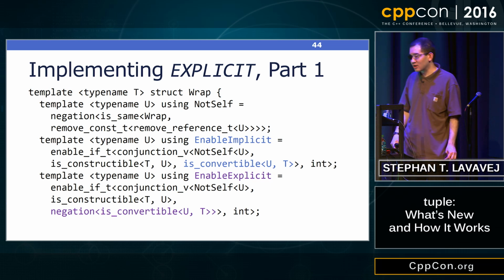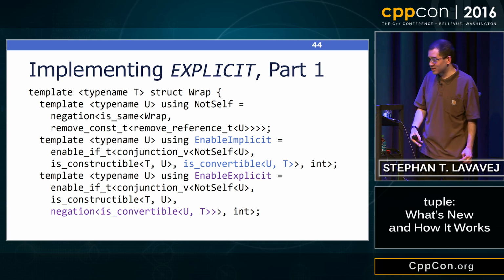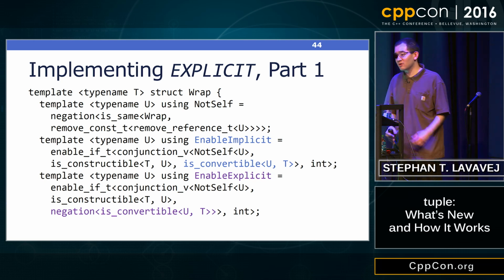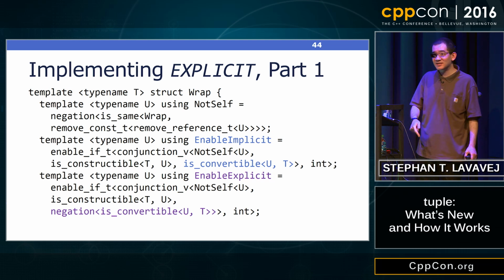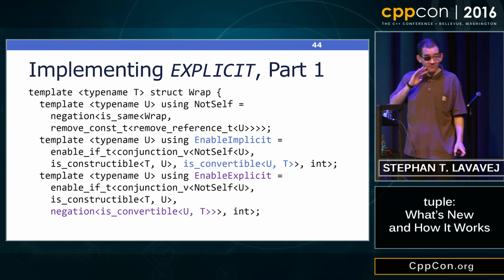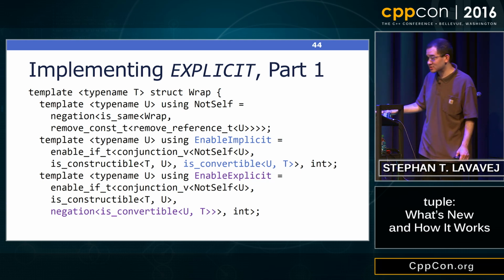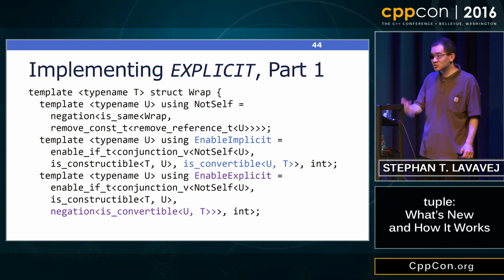I want it to be not the same because I do not want to compete with my actual copy move constructor. Then, if I want to enable the implicitly converted constructor, I want three criteria to be true. And I'm going to say enable_if_t, conjunction_v, meaning all of these things need to be true, logical and. First, I want U to be not myself, so I don't want to compete with the copy move constructors. Second, I want T to be constructible from U, because I am actually going to construct the thing.